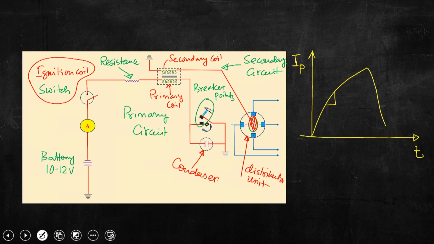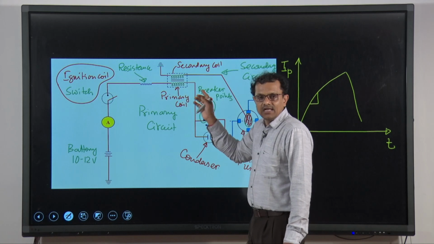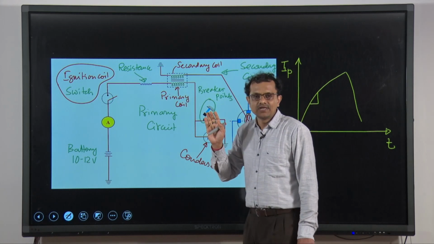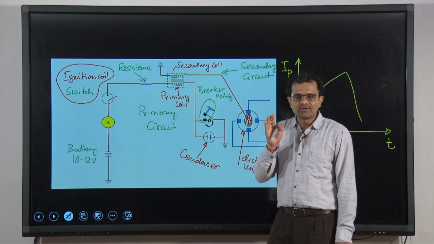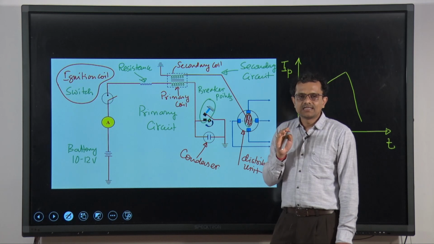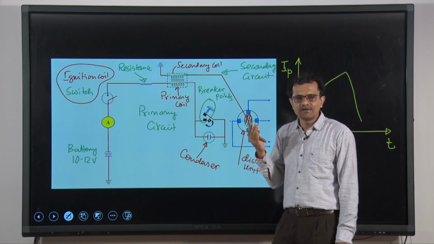When the magnetic field is induced because of the battery current flow, that also will try to produce some EMF in the secondary coil, but that voltage is too low for a spark plug to produce a spark. But the induction of the magnetic field will develop a back EMF, which will try to oppose the primary current flow.